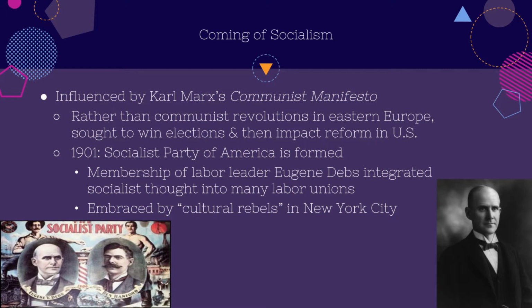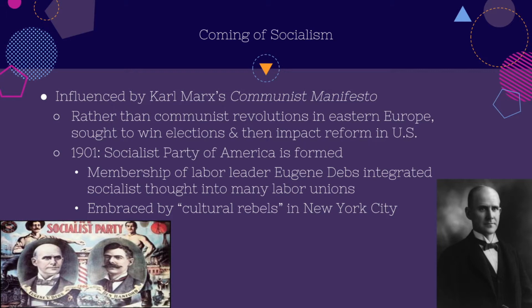Debs was regarded as a democratic socialist because he sought out election in the traditional process. And he actually did garner a significant proportion of votes. He ran for president multiple times, including his final time he ran for president when he was in prison for protesting U.S. involvement in World War One.